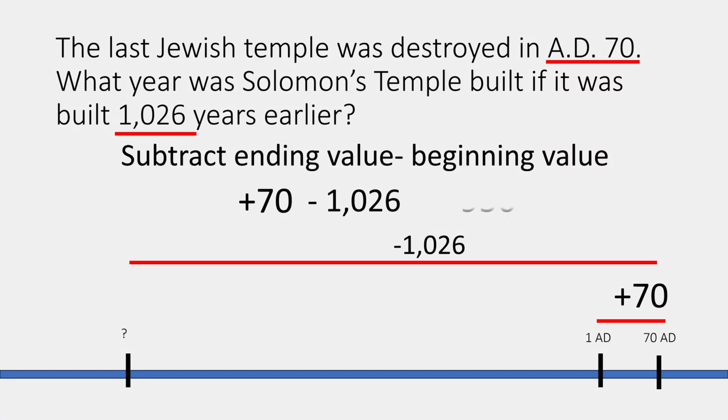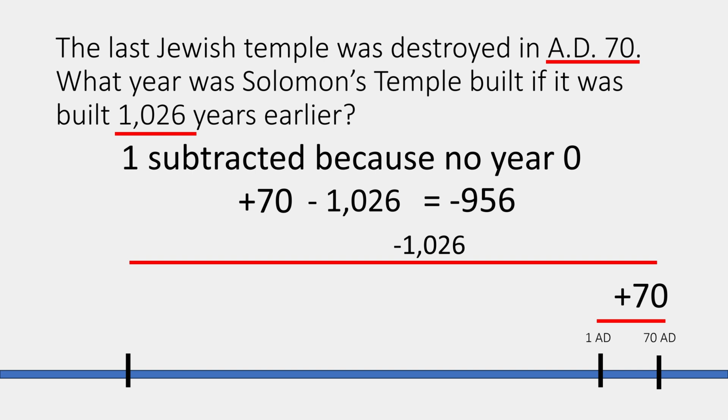That is negative 956. Since it's negative, that's going to be somewhere in the BCs. And we always subtract 1 because there is no year 0. Negative 956 minus 1 equals negative 957. So Solomon built his temple in the year 957 BC.